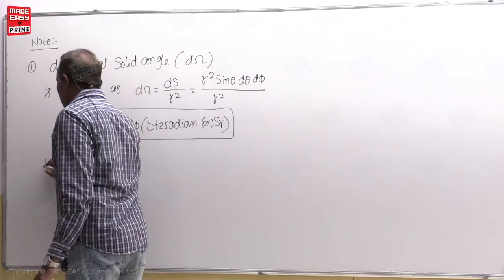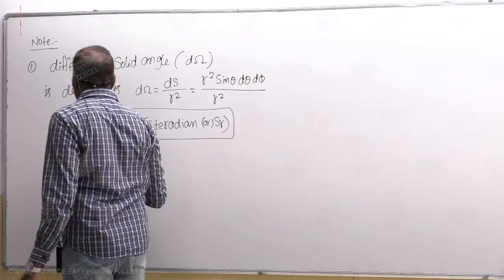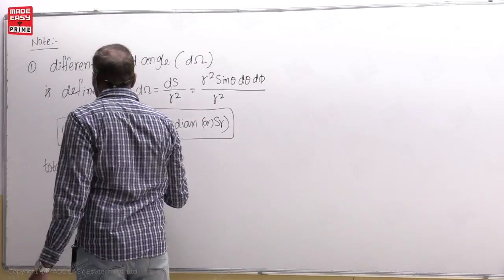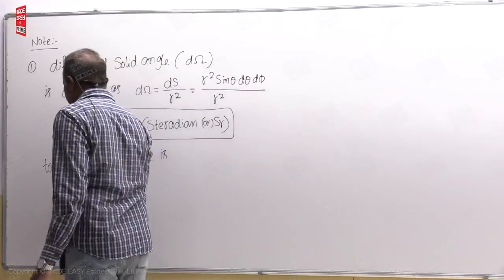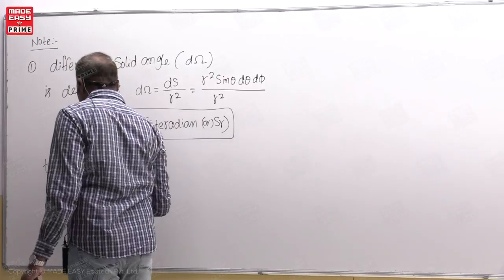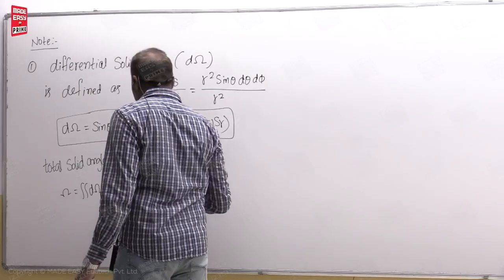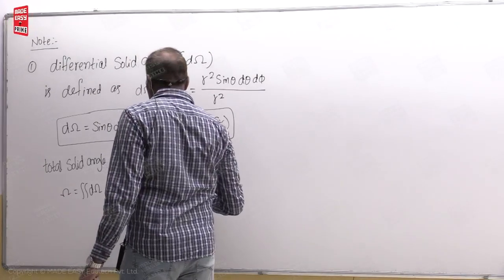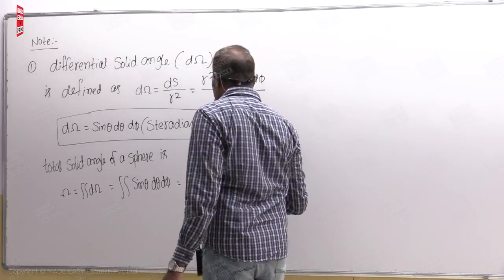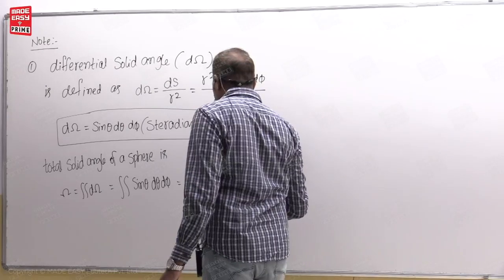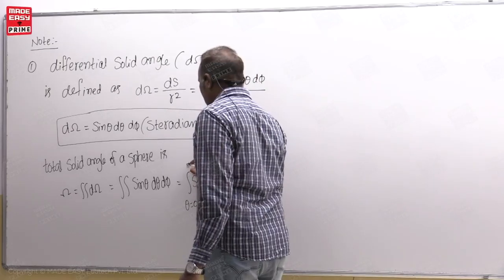So the total solid angle of a sphere is the integral of sin theta d theta times the integral of d phi, with phi from 0 to 2 pi and theta from 0 to pi.